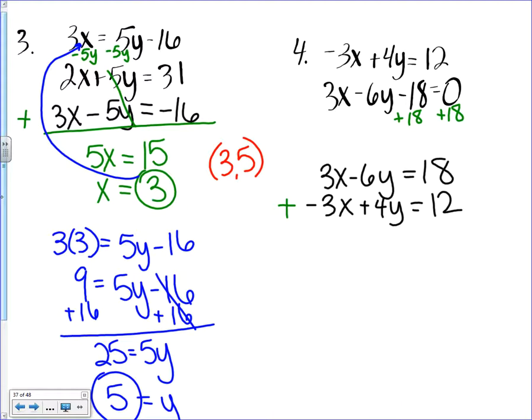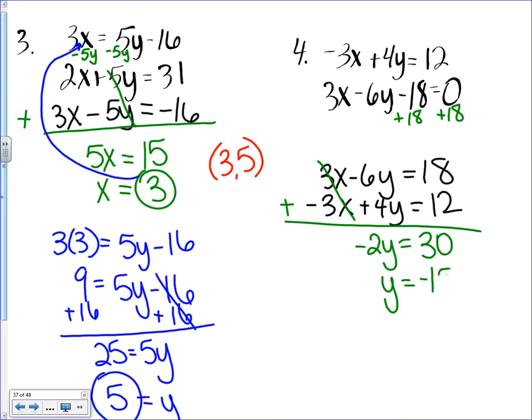Oh, I guess I didn't ask. Are either of them additive inverses? The x's. Okay. So what happens when I add my x's? They are eliminated. There are 0 of them. What do you get for your y's here? And your constant? So what is y? Okay. Where would you like to put that?